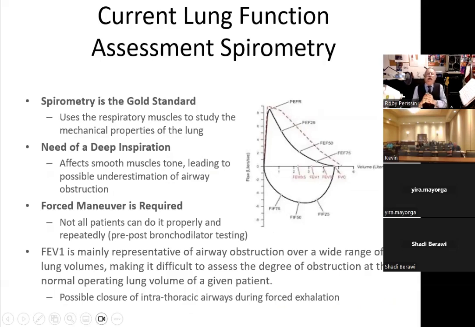The reason why this was originally developed was because spirometry is difficult. Spirometry is a difficult test, a difficult measurement. It is the gold standard, but it needs a deep inhalation before blowing forcefully.